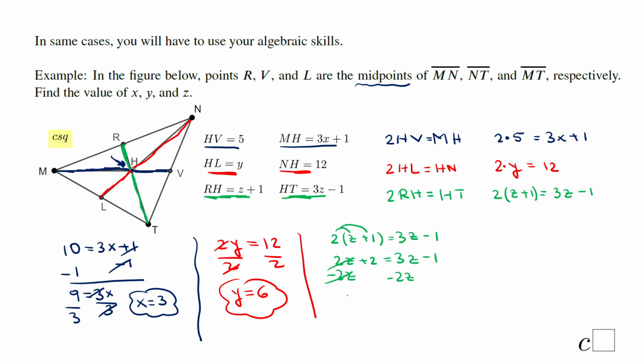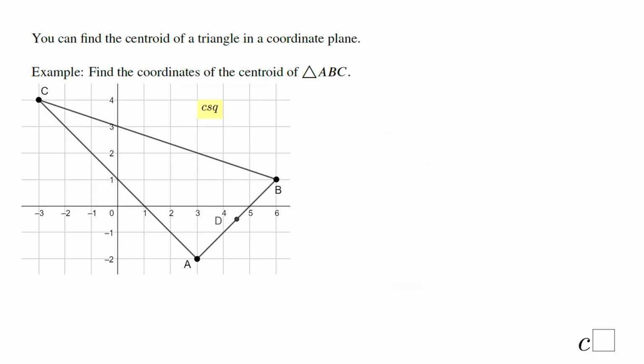The same thing on the other side, and we have 2 equals z minus 1. We're going to add 1, and we end up with z equals 3 here. And like I said, in this problem you have to use some algebraic skill to solve it. However, those relationships between these different pieces of the median are very useful.